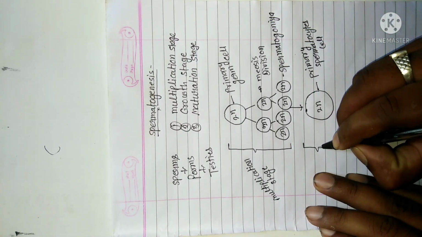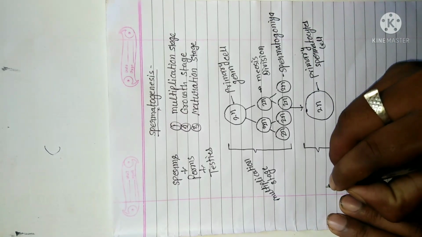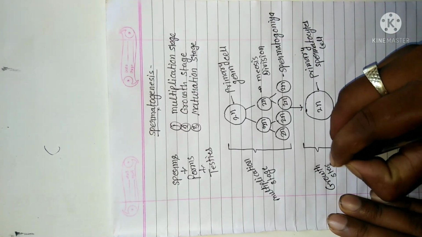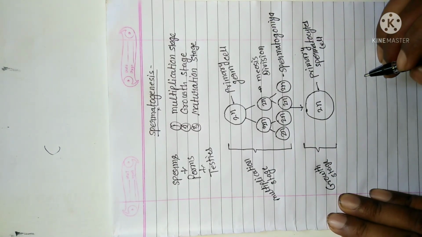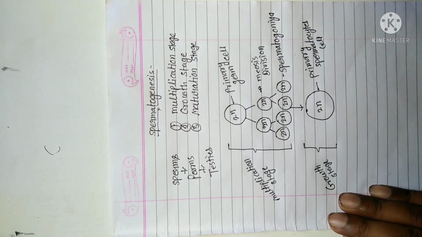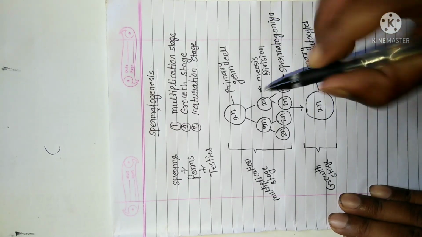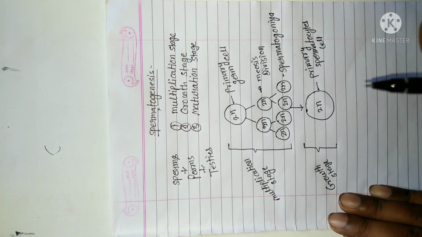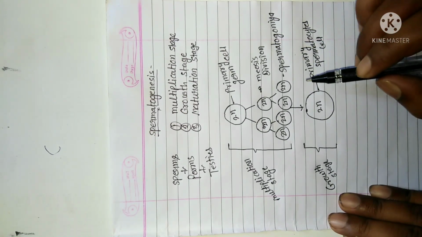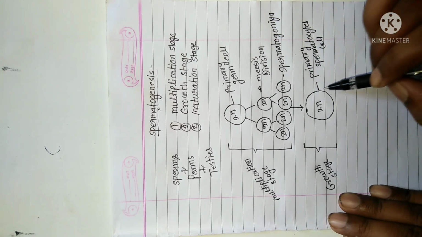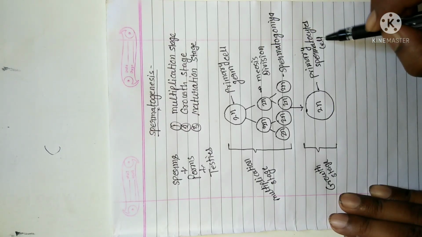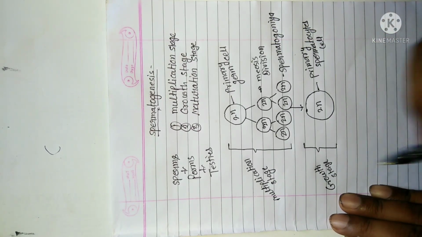This stage is called growth stage. So as we see, growth stage is the smallest stage in the spermatogenesis process, in which one spermatogonia takes excess food and increases its body size. This cell is called primary spermatocyte cell. This phase is growth stage.